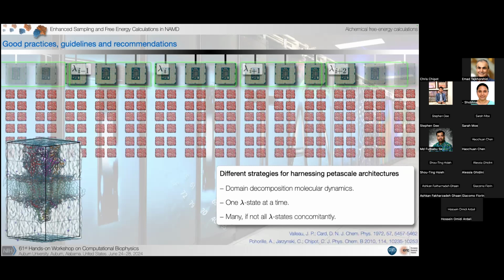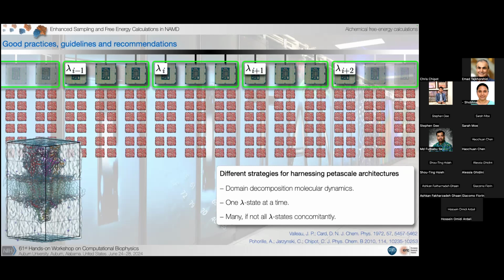We have the tools to simulate the different values of lambda at the same time, and then you broadcast this at the end to get your net free energy estimate going from 0 to 1. We even have options to swap values of lambda to do some kind of replica exchange. I'll mention that in passing.